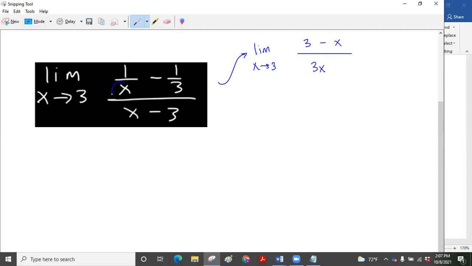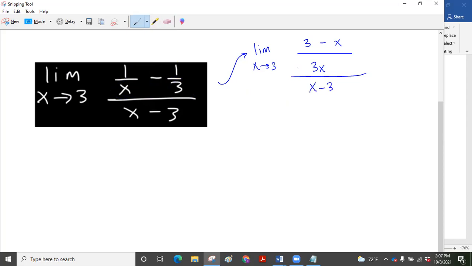So what I did here was I just multiplied the denominator, then multiplied this, and then I multiplied this. And that's what I have, and I put it over a common denominator of 3x. So I multiplied this, and I got that as a common denominator, and then I did 3 times 1, x times minus 1, which is minus x. So, and that's all over x minus 3.